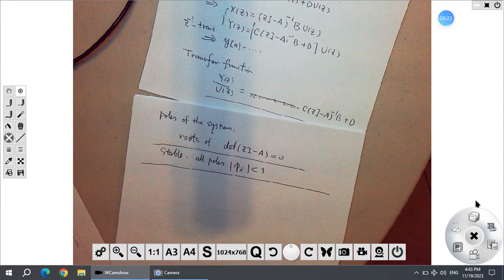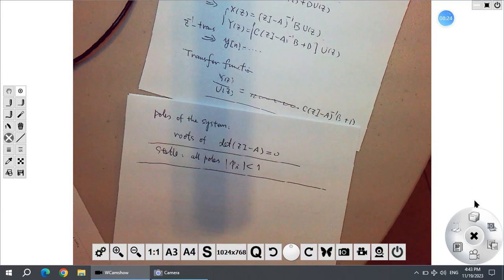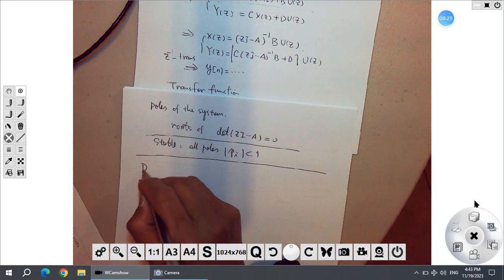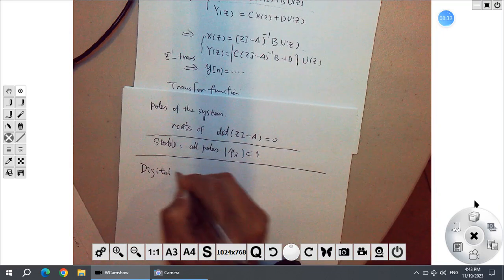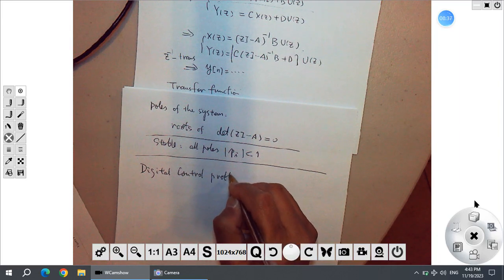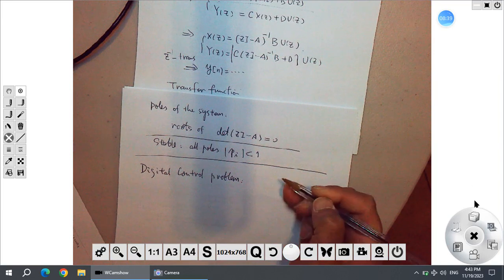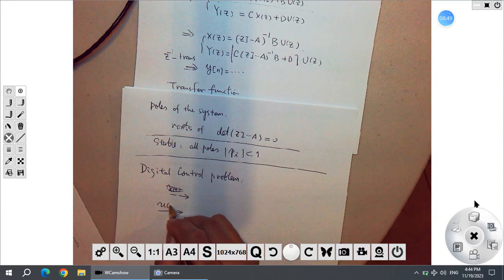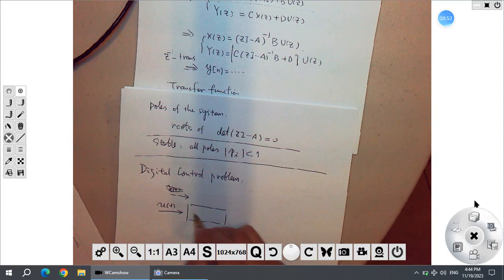Okay. We have a system which is an analog system. How to get a digital one? So we say digital control. We have a system with x dot of t, u of t as the input, and this system is described by A, B, C, D. Then we have y of t.